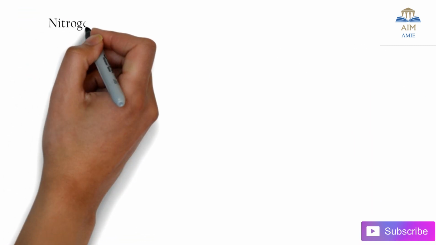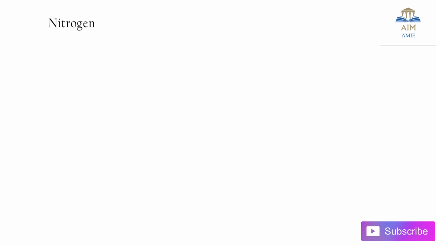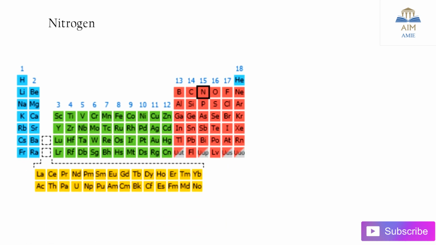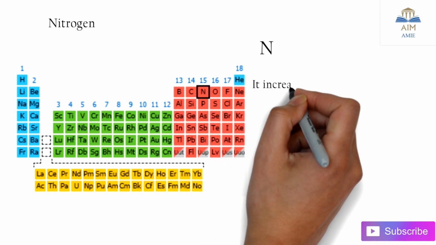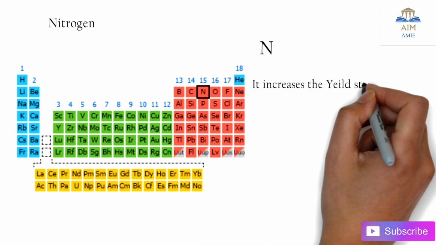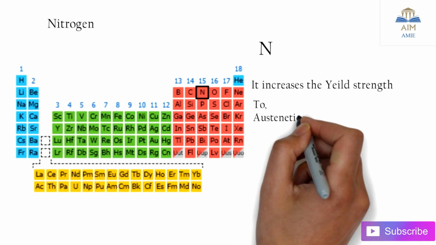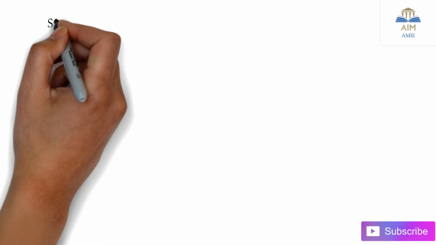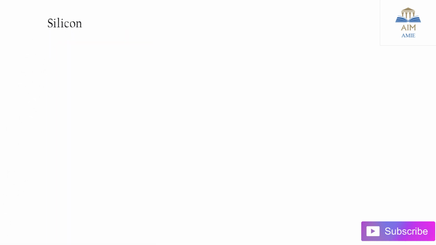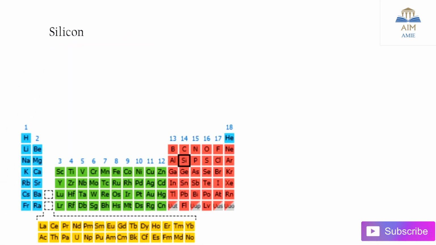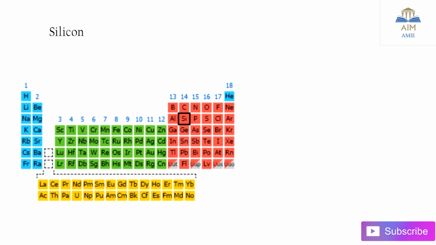The next is nitrogen. Nitrogen is a non-metal, a gas, denoted by capital N. It increases the yield strength in steel, basically in austenitic stainless steel. The next is silicon, denoted by Si.